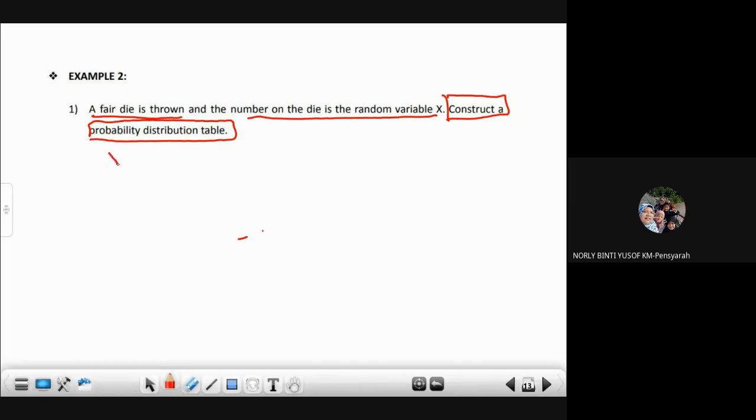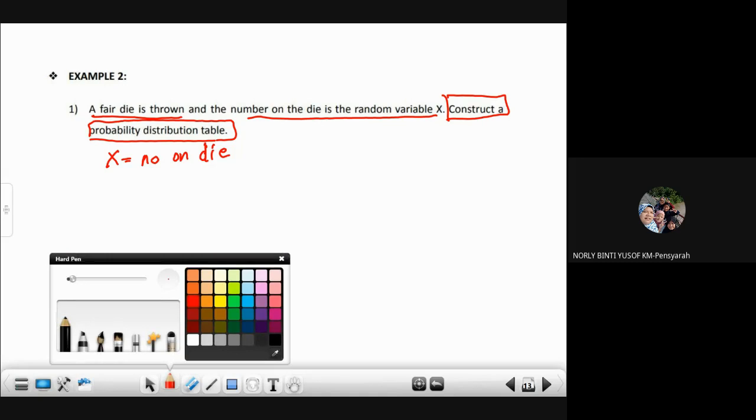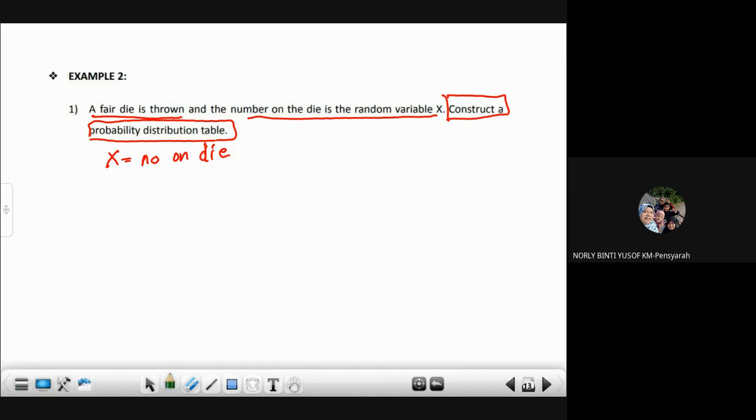So X tu adalah number on your die. Okay, die, bukan dice, die. Okay, satu dadu sahaja. So number of die tu adalah discrete x. So kita akan bina table. This is only introduction lah. But basically you know how to build.